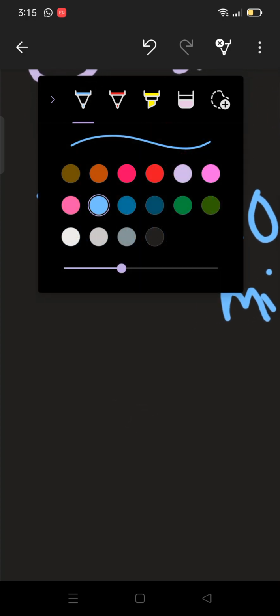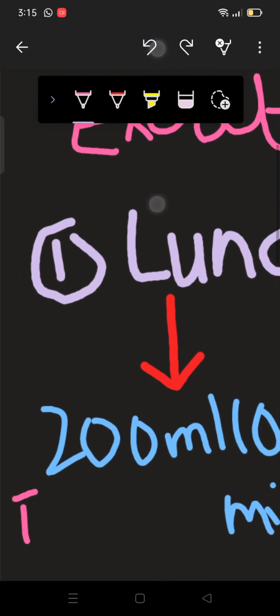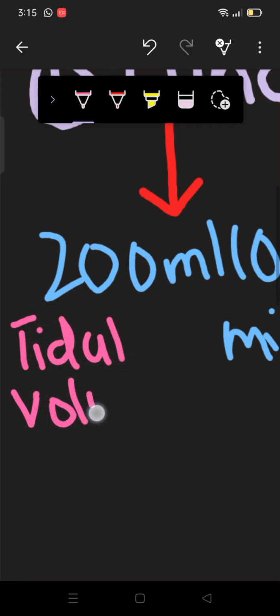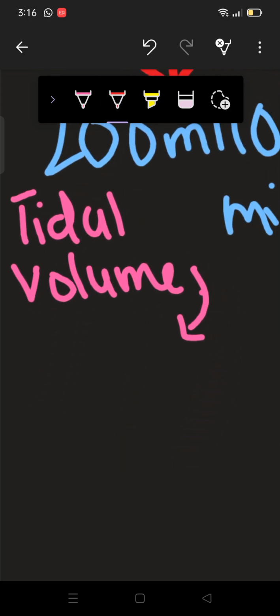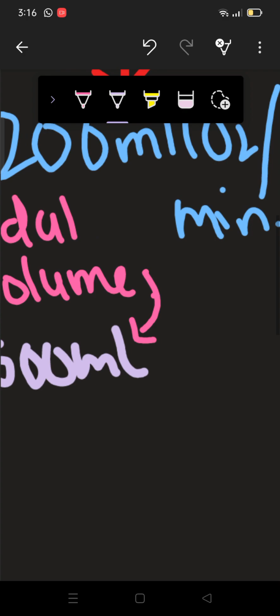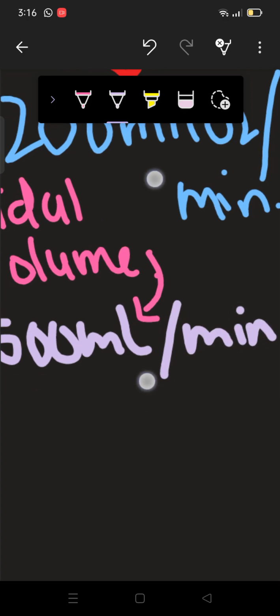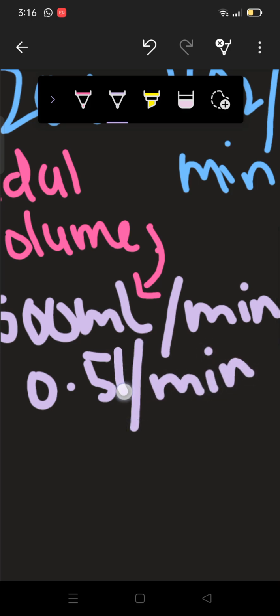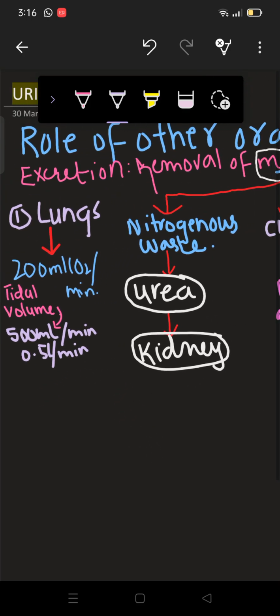So let me write the tidal volume here as well. That is how the lungs are involved.